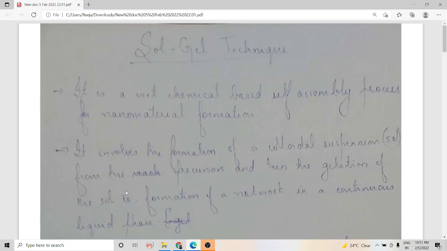It can either be slow dried or dried rapidly, or it can be mixed together with surfactants to form nanopowders, or it can be used together with porous matrices to form specific shaped nanostructures like nanorods, etc. For the formation of thin films, you do either dip coating or spray pyrolysis or spin coating, etc. of this gel material, and then you follow annealing processes to obtain the thin film.